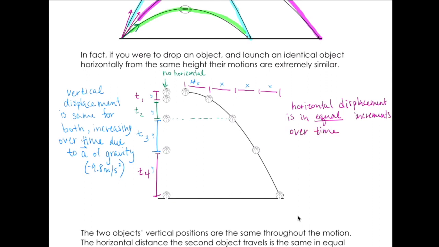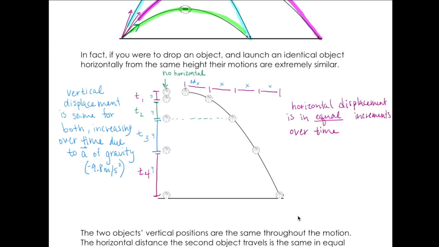That's because there's no force acting in the horizontal plane causing acceleration, compared to the vertical plane, where there is a force of gravity acting upon the object causing acceleration.